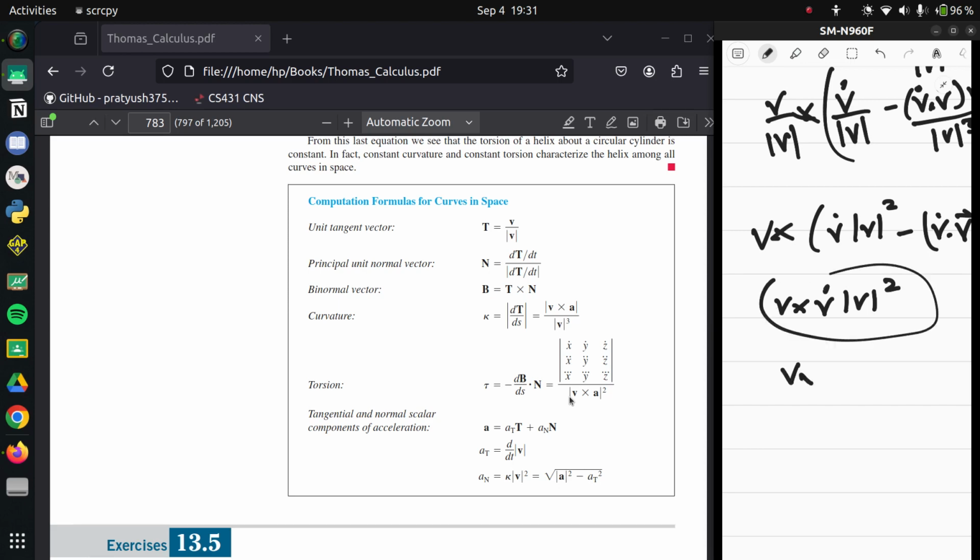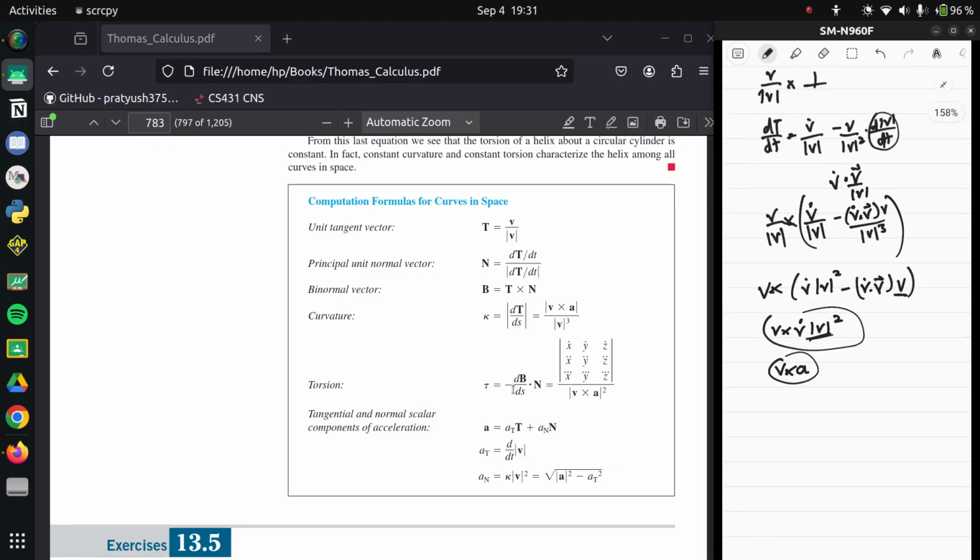So basically v cross a, this doesn't really matter, so it's just v cross a. Does that make sense actually? I suppose yeah, it should make sense.